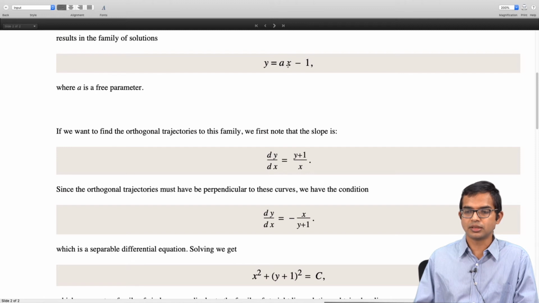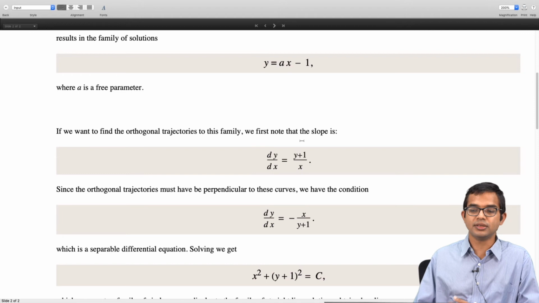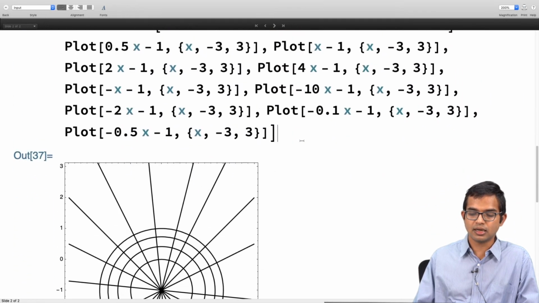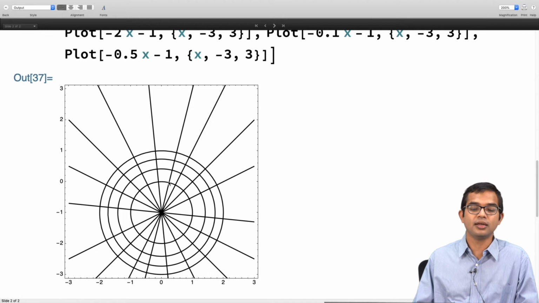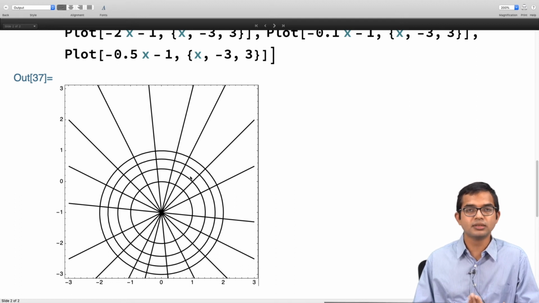If you put x equal to 0, y has to be equal to minus 1 no matter what the value of a is. So all of these straight lines with different slopes pass through this point, and these curves with different radii are all circles. The orthogonal trajectories for this particular family of curves is the family of circles.